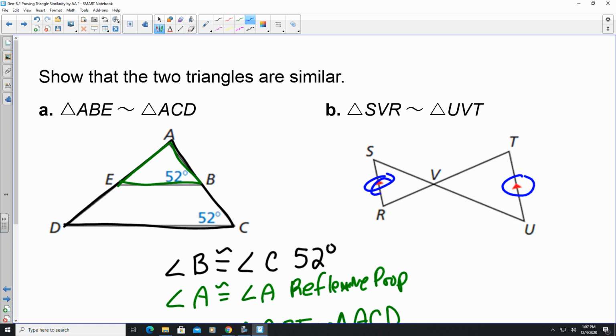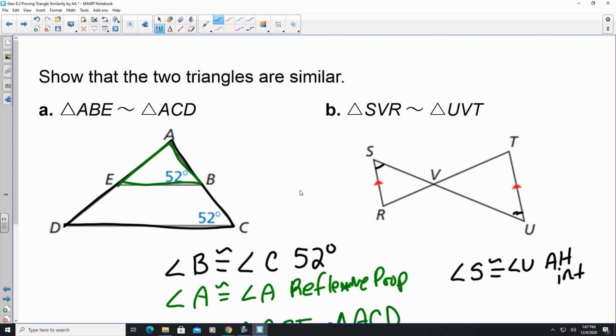Well, that does help us. Why does it help us? Well, since we know that these are parallel, I know that this angle here and this angle here are going to be congruent, because angle S is congruent to angle U, since those two lines are parallel, I can say that they are alternating interior angles.